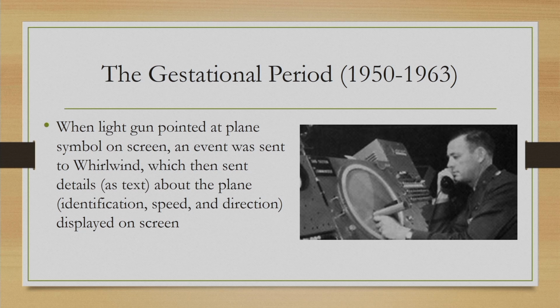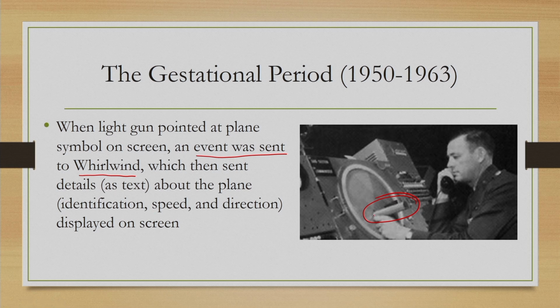So, when the gun was pointed at the plane symbol on the screen, an event was sent to the Whirlwind system, which in turn sent the details as text about the identification information of the plane, which was then displayed on the screen of the operator. Something like this, as you can see, this is a light gun or light pen.